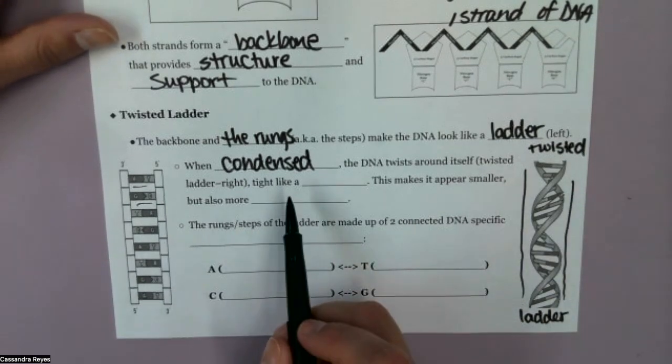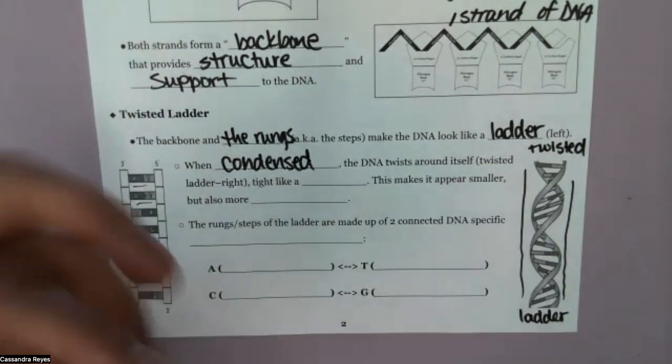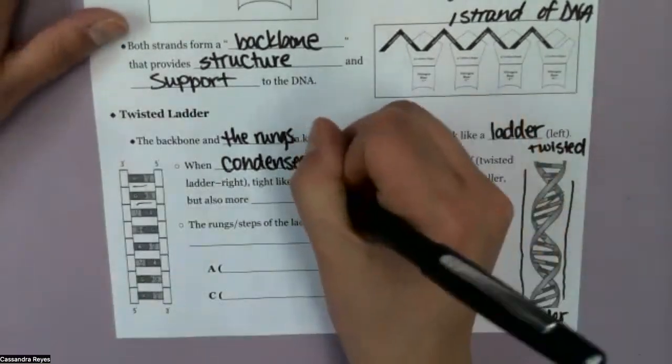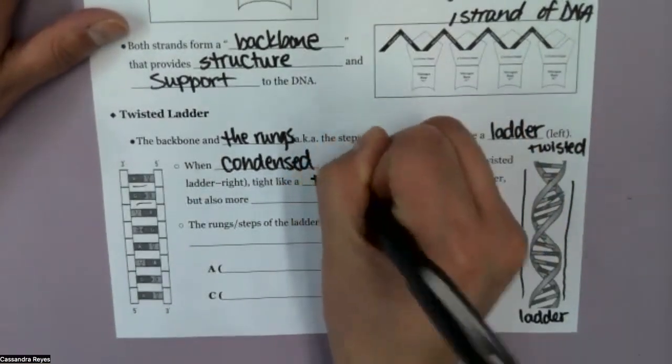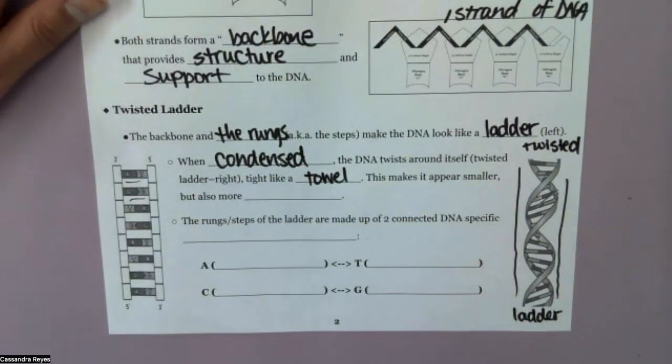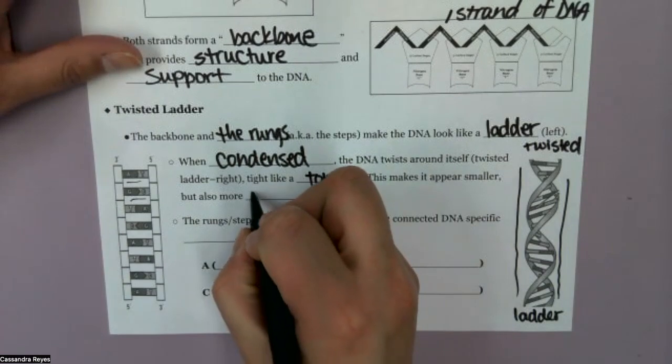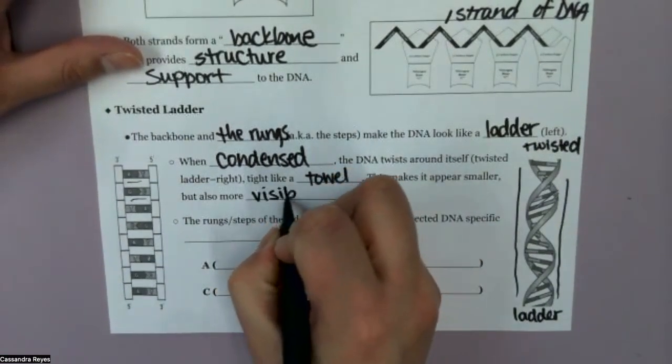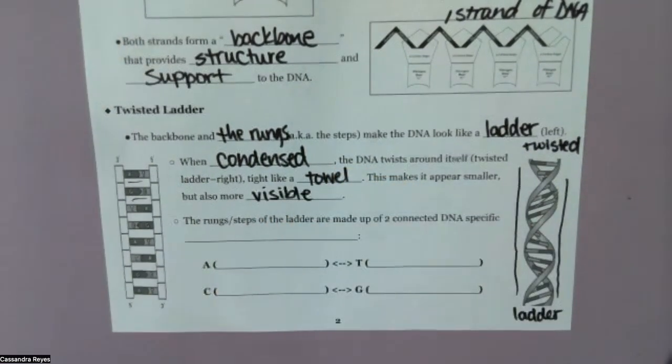And it's going to wring itself, like completely condense itself tight like a towel. It's going to appear smaller, but it means that you're going to see it more visibly. You're going to actually be able to see it with your naked eye.